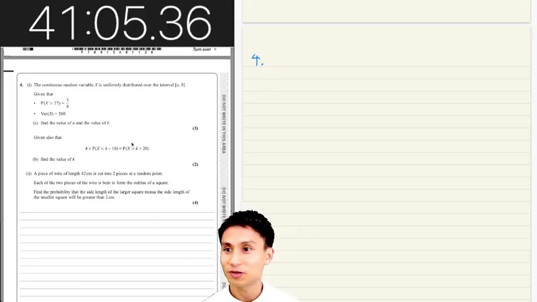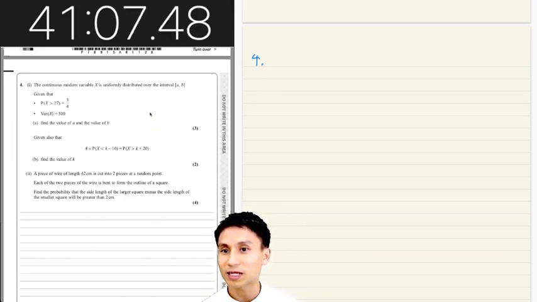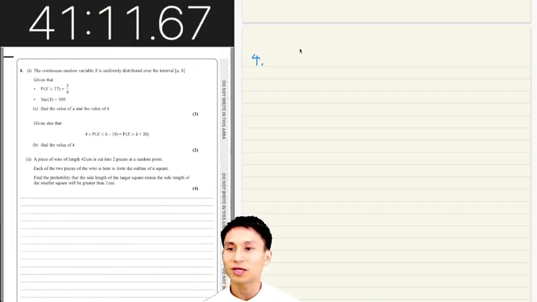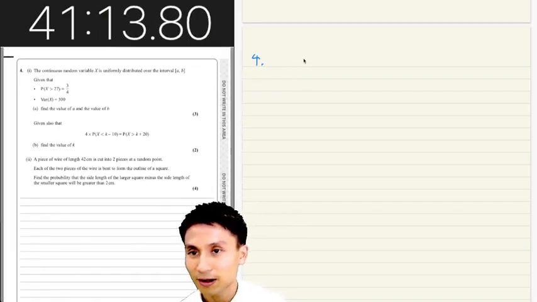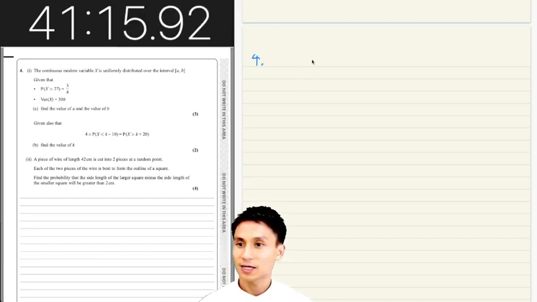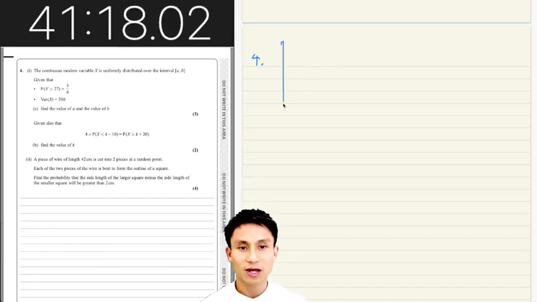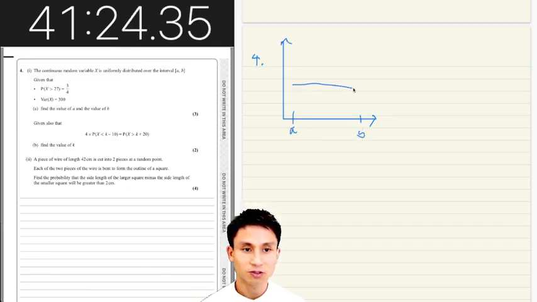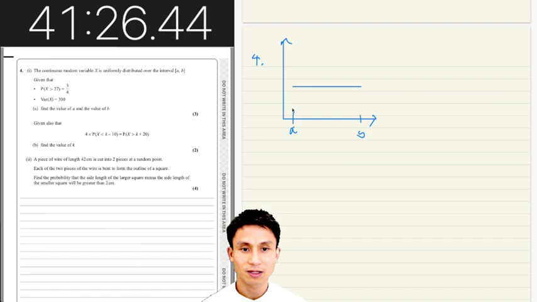Okay, no, 50 minutes. The continuous random variable X is uniformly distributed over the interval a to b, given that P(X greater than 27). Continuous random, okay. Normally for continuous random variables, we can draw a little graph here, so a to b, right? And we have a straight line here like this, yeah.